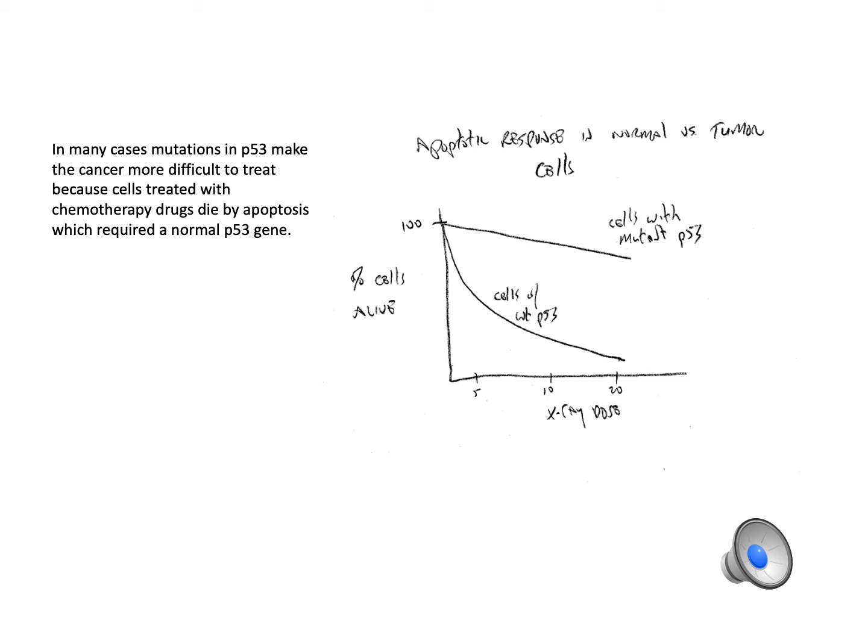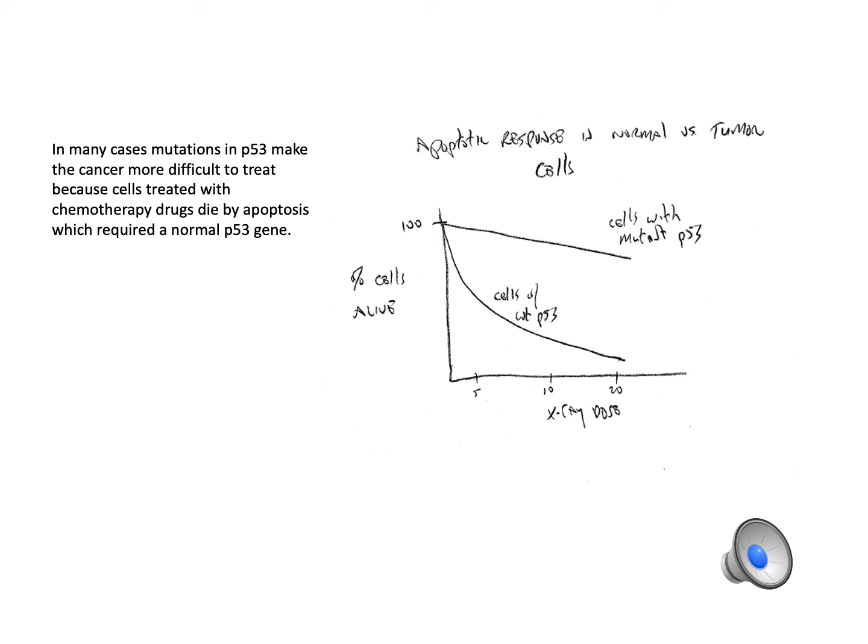And then as you drop down, there would be 0% cells viable. And so what you see is if you have cells that have wild-type p53, normal cells, and you treat them with increasing doses of X-rays, what you see is the cells die. Over time, they lose their viability, they undergo apoptosis.